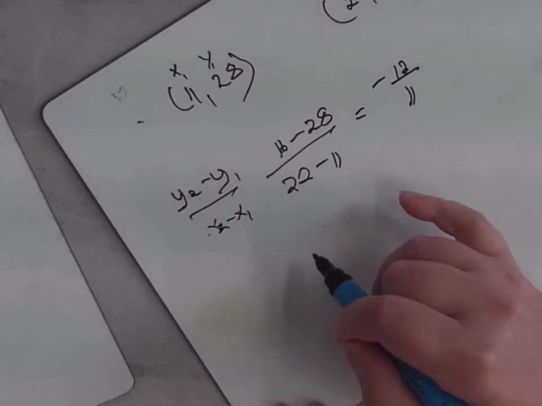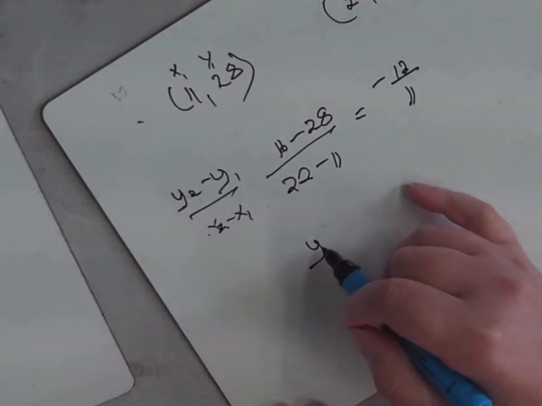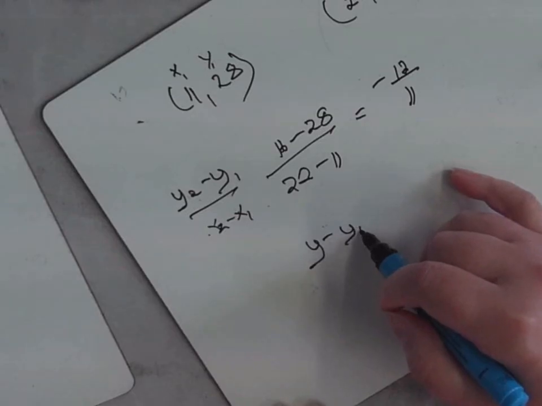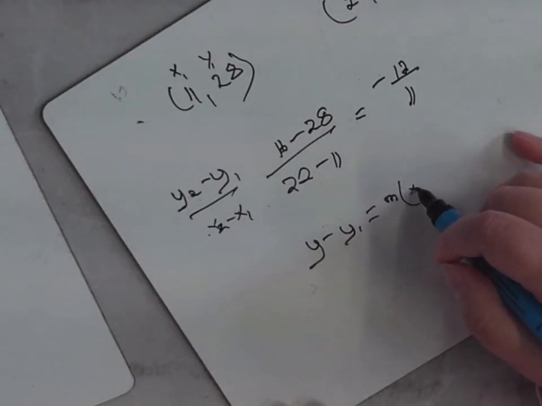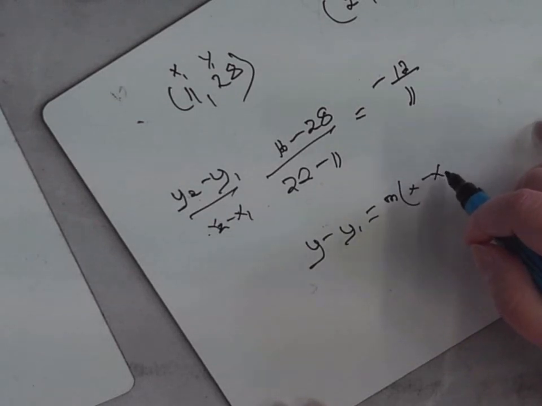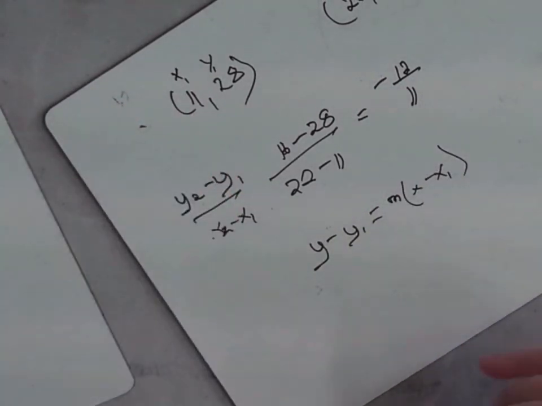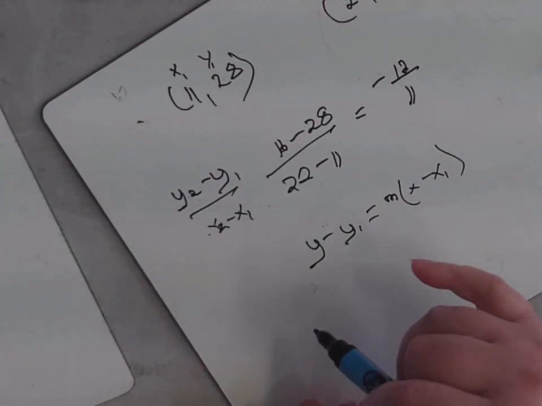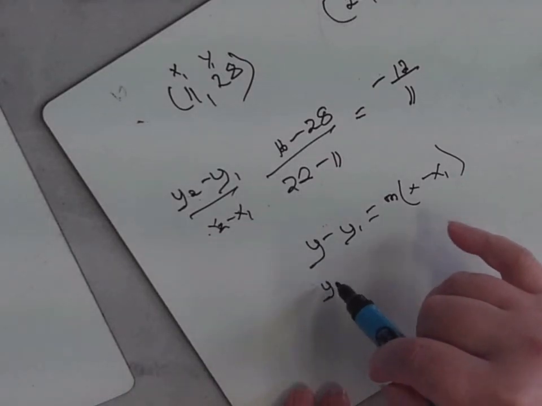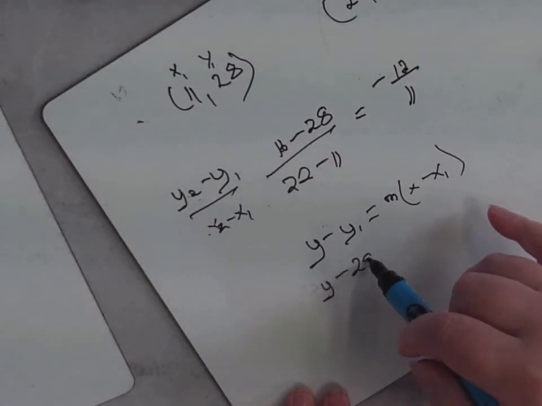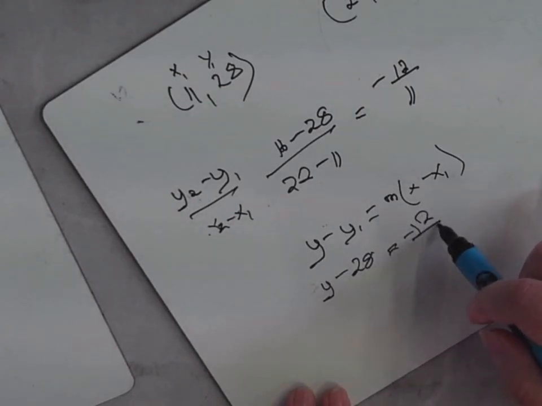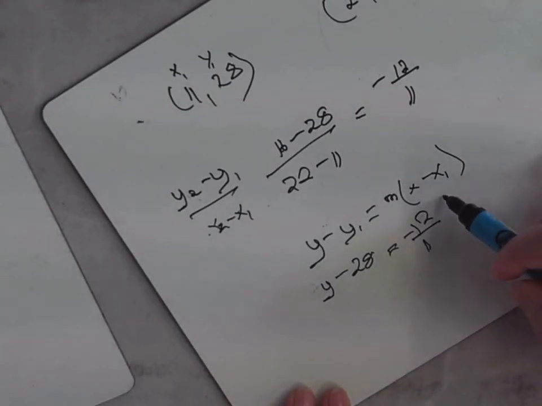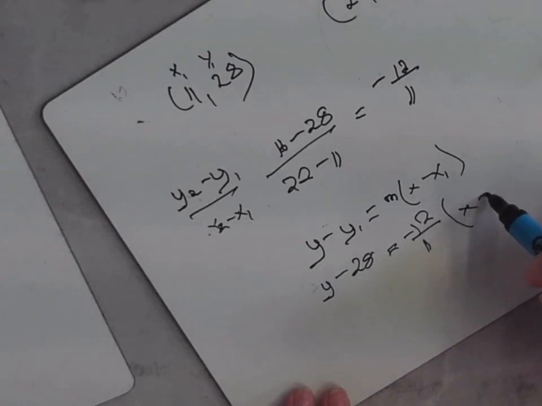So then, to get the equation of the line: y minus y1 equals m into x minus x1. You've got your slope and you use one of the points, so we might as well use this one. So it's y minus 28 equals minus 12 over 11 into x minus x1, which is 11.